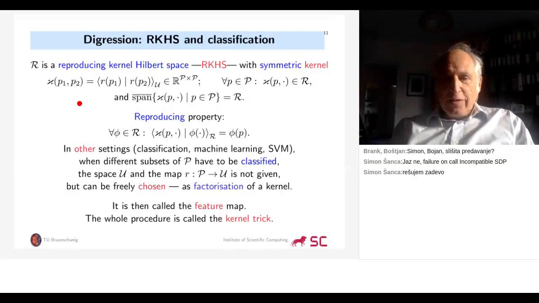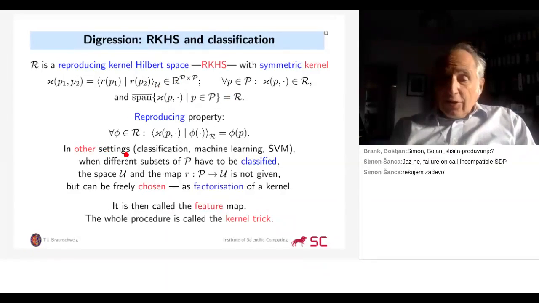And the reproducing property is the following: if I take the inner product of any function in this space R with this kernel at a position P, I get exactly this function evaluated at this point P. So this acts like a delta function on these functions R in R here. And it turns out this space is actually the span of all of these here.